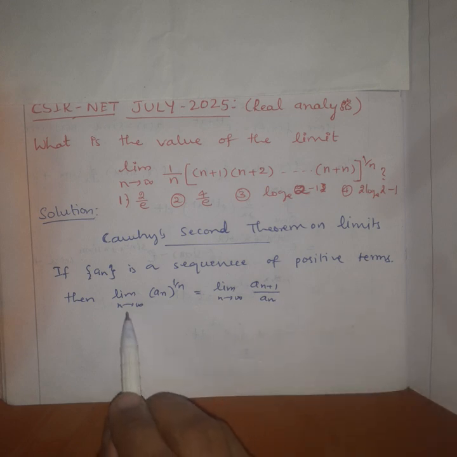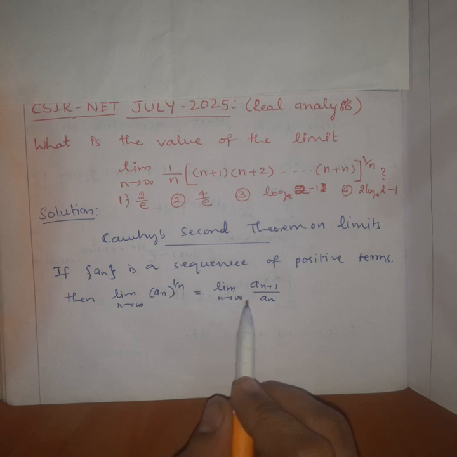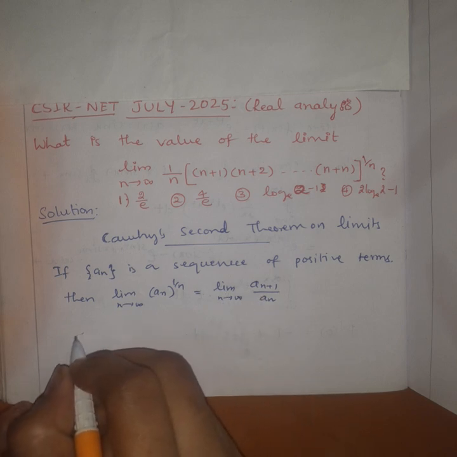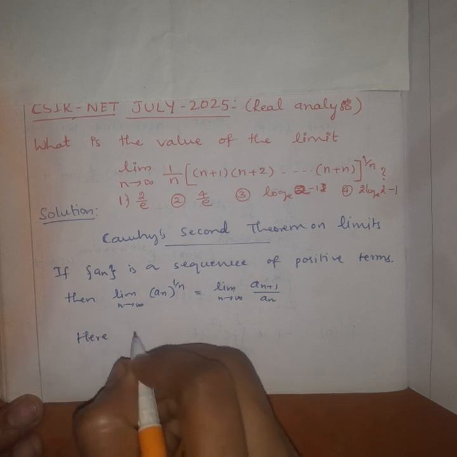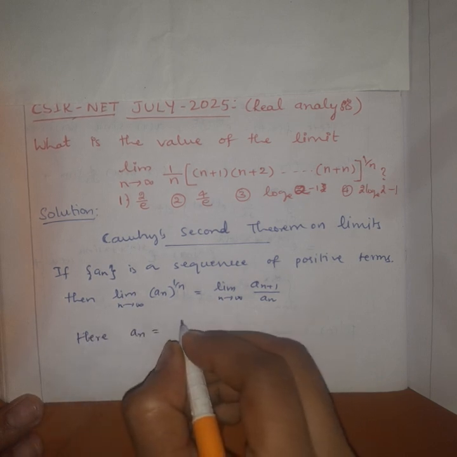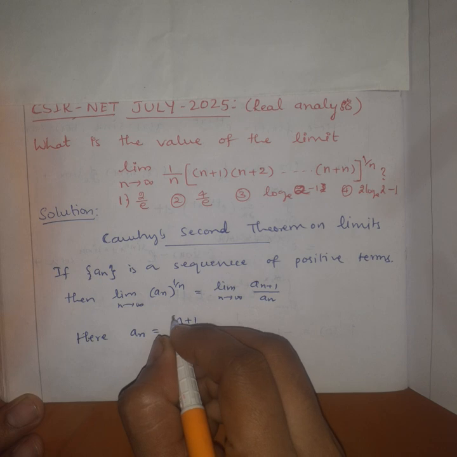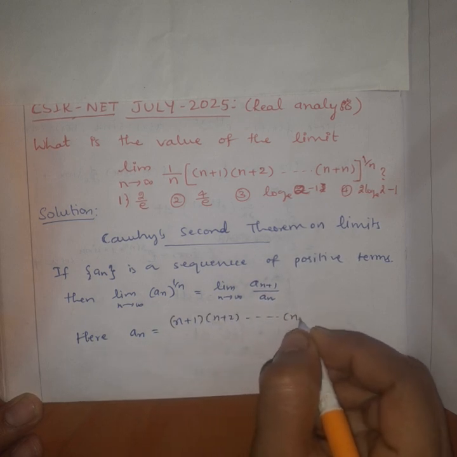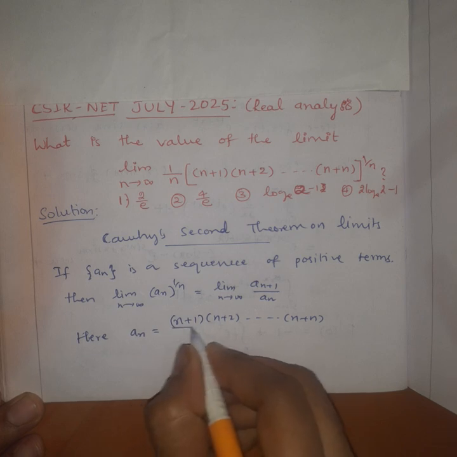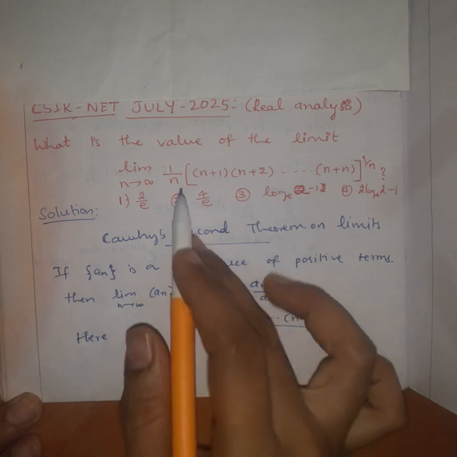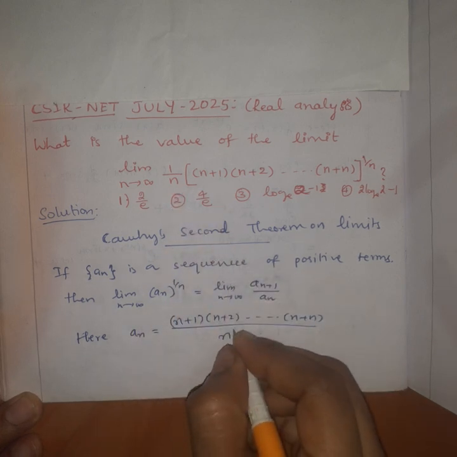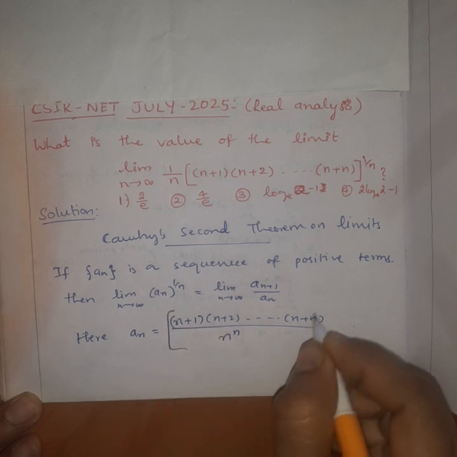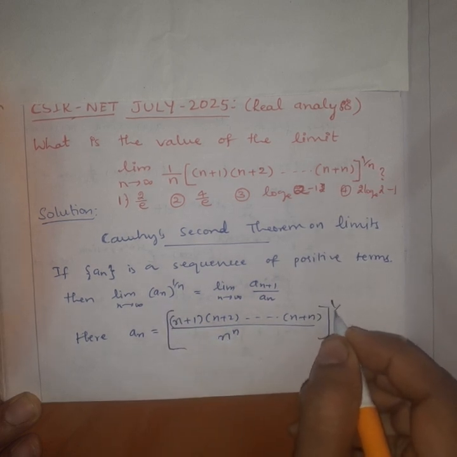So to evaluate limit n tending to infinity of an to the power 1 by n, it is enough to evaluate limit n tending to infinity of an plus 1 by an. So here I will write an as n plus 1 into n plus 2 and so on into n plus n, divided by n to the power n, whole term to the power 1 by n.